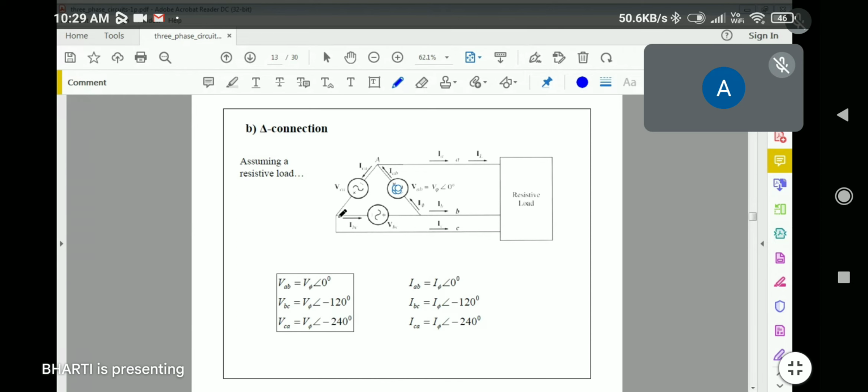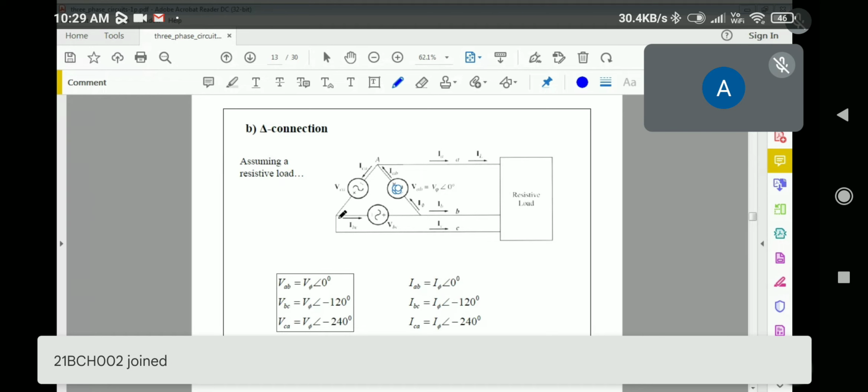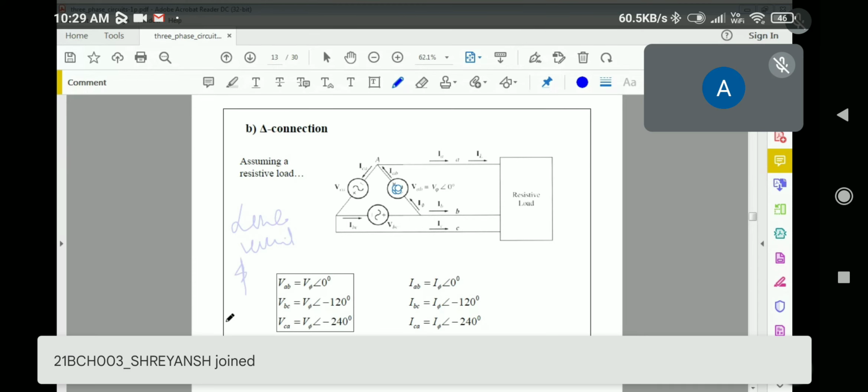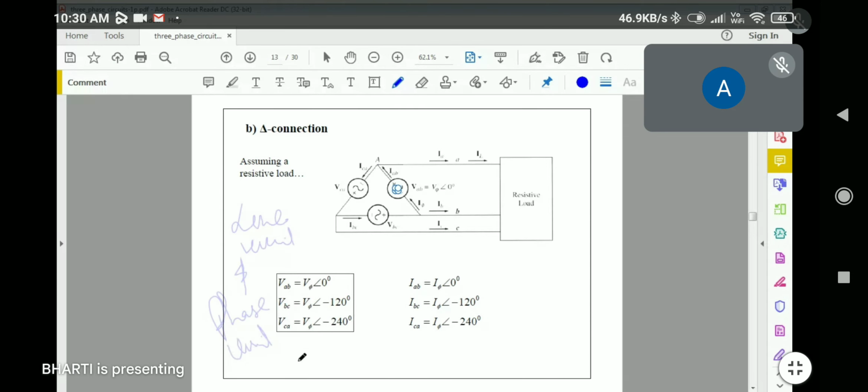Is it clear? इसको हम डिटेल में करेंगे, बट आपको बेसिक डिफरेंस पता चल गया है ना? That is the main difference I told you, line current and phase current in case of delta and star.